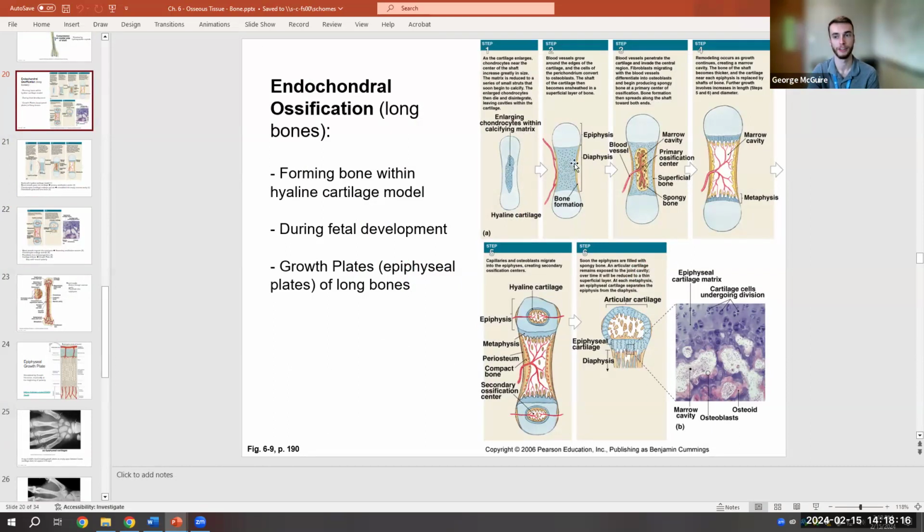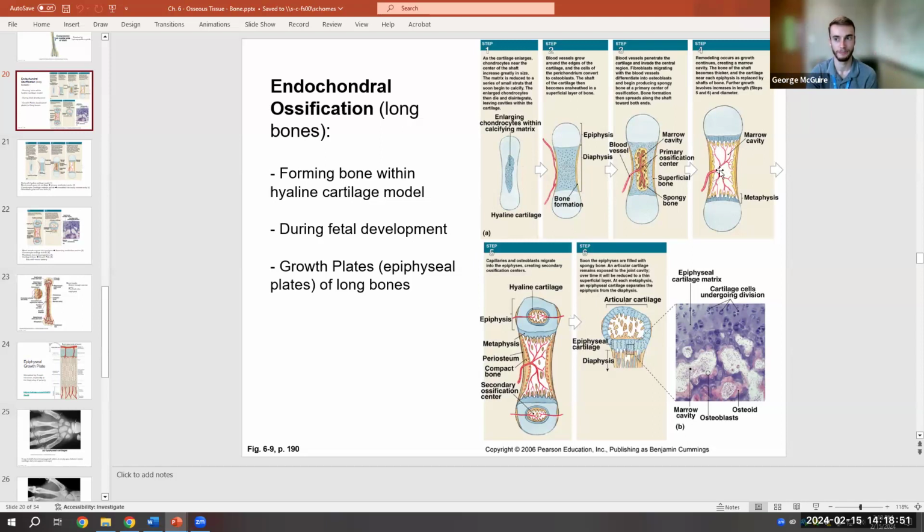We have blood vessels that penetrate into the center of that hyaline cartilage model, and they will start to create bone, replacing and breaking down the cartilage that is making that model, replacing it with hydroxyapatite crystals and collagen, and then breaking down more bone, so that eventually that bone is going to create and break down until it spreads out to the outer portions. And we're left with this big marrow cavity, this hole that is going to be filled with marrow later.